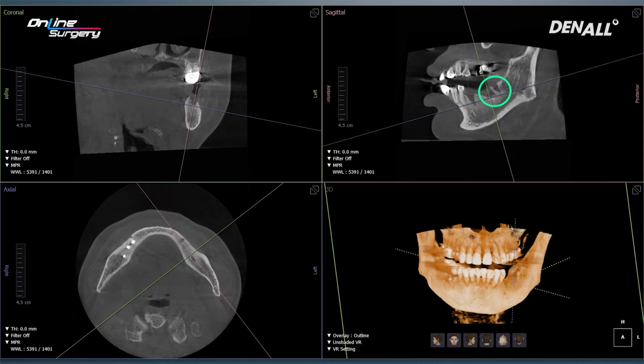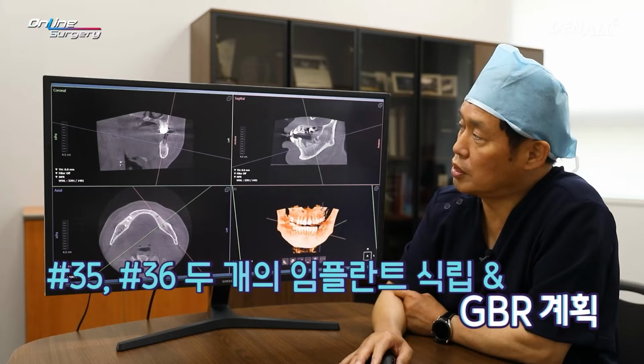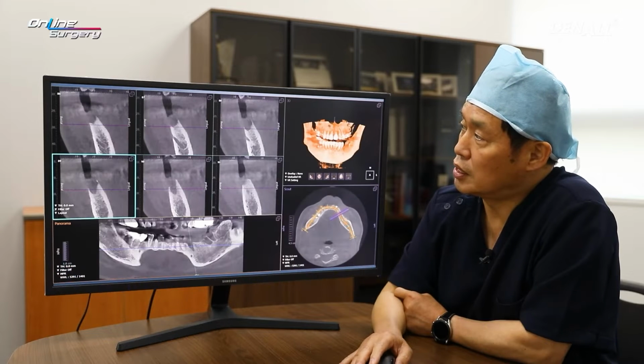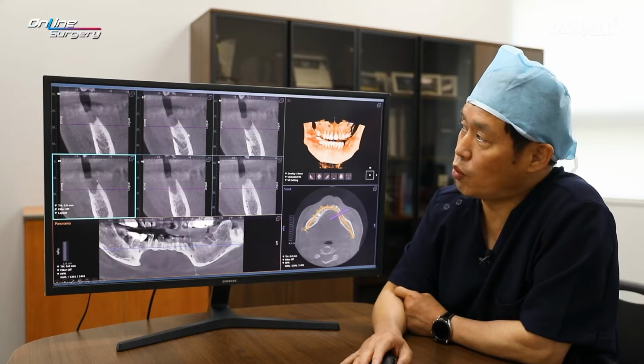In that area, 2 implants were planned. Distance was going to be made between number 5 and 6, and in the area with resorbed alveolar bone, GBR was planned. As you can see in number 5, buccal plate is resorbed significantly. It's like this. The mental foramen is here.